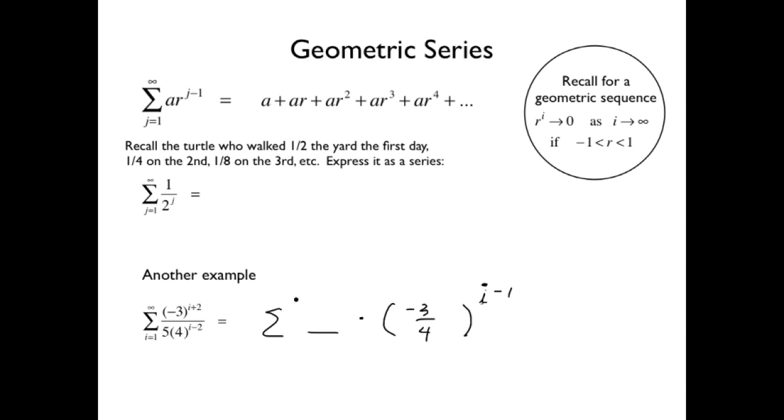So we're going to have negative 3 cubed. Does everyone see that? Now when I have negative 3 three times, and i minus 1 negative 3's, that all makes i plus 2 negative 3's. Did you catch it? Does it make sense? Okay, what about 4's?